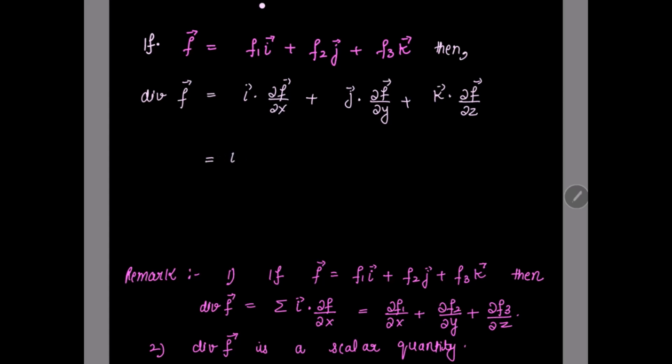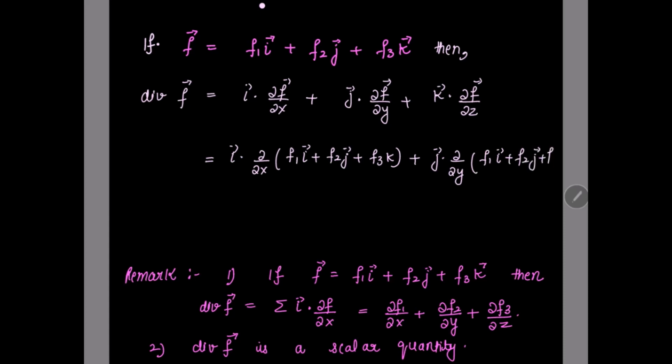Now ∂/∂x of f vector means I have to write it as f1 i plus f2 j plus f3 k, then plus j ∂/∂y for again f1 i plus f2 j plus f3 k, then k ∂/∂z with f1 i plus f2 j plus f3 k.